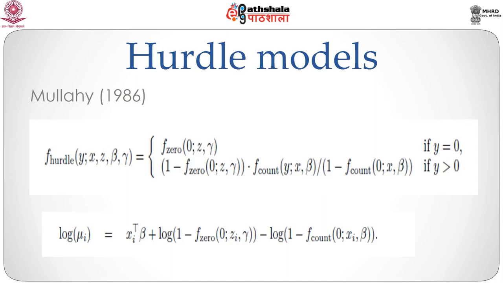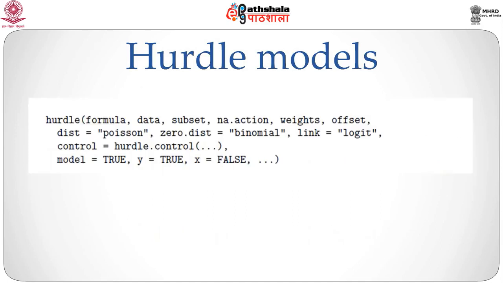The corresponding mean regression relationship is given by log of mu equal to xi prime beta plus log of (1 minus f0) minus log of (1 minus f count). This can be fitted in R also by using the pscl package and the hurdle function.